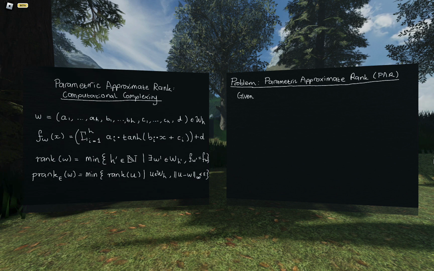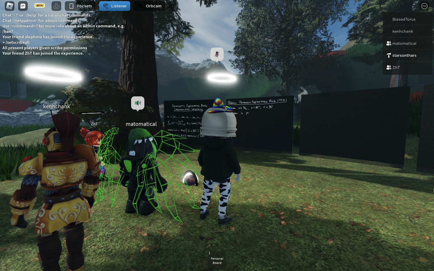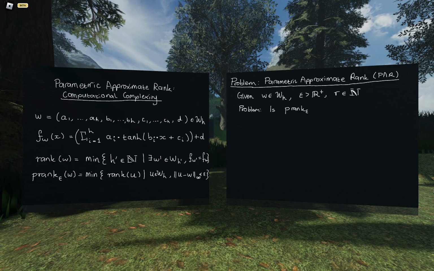So given some neural network parameter in some parameter space with h units, some epsilon, which is our positive tolerance, and some maximum rank, a problem that you could be asked to solve is this decision problem: is the parametric approximate rank at that radius with that parameter less than or equal to that maximum parametric approximate rank R?